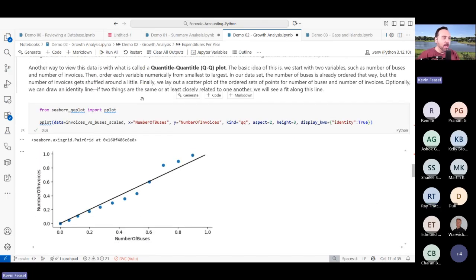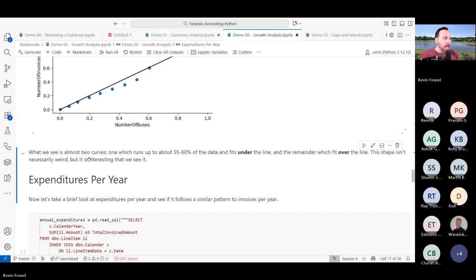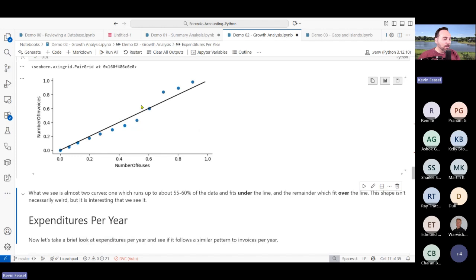What we would ideally expect is that we follow this line closely, because we believe there is roughly a linear relationship between the number of buses in service and the number of maintenance issues, or line items, that we fill out for our buses in service. And we do see that up to about 55 to 60%.